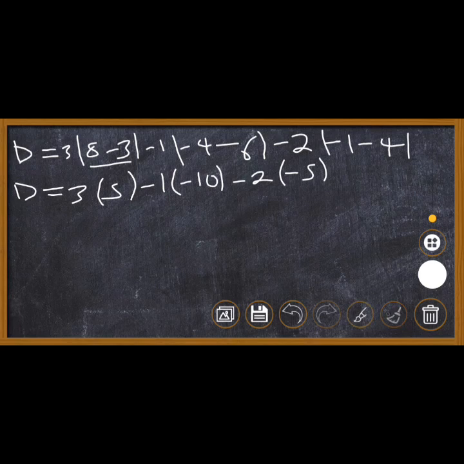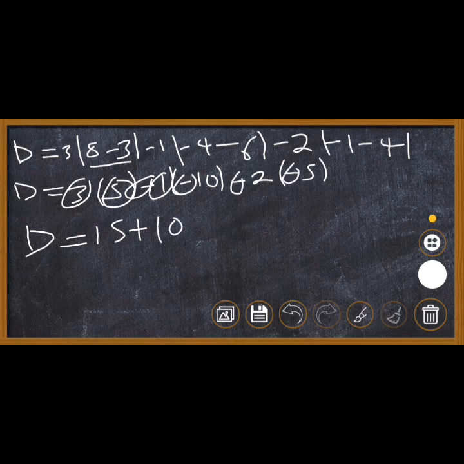So in this case then, the general determinant is going to be 3 multiplied by 5, which is 15. Then negative and negative is positive, then 1 multiplied by 10 is positive 10 there. And then negative and negative is positive, and then 2 multiplied by 5 gives us 10 there.